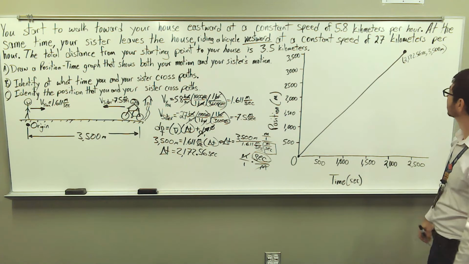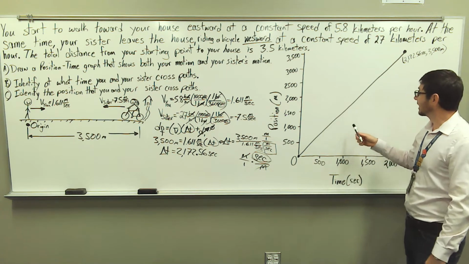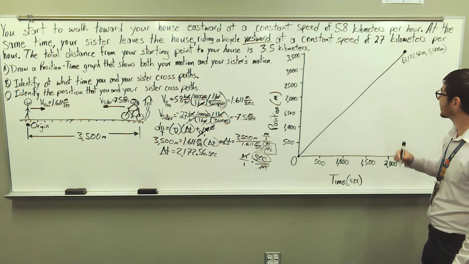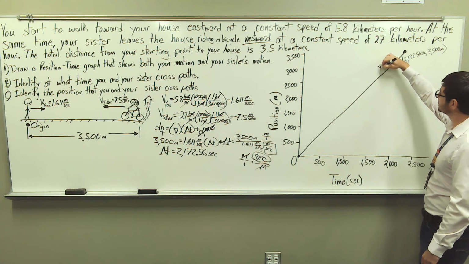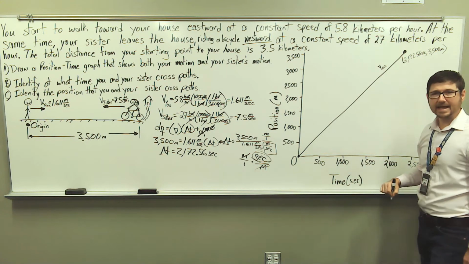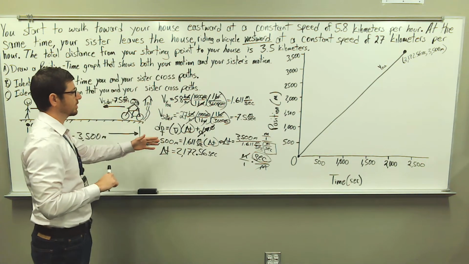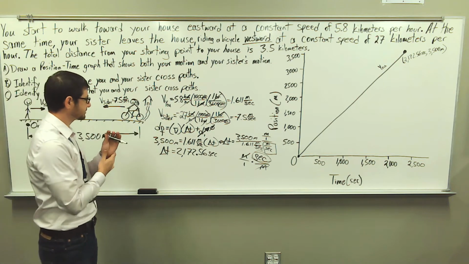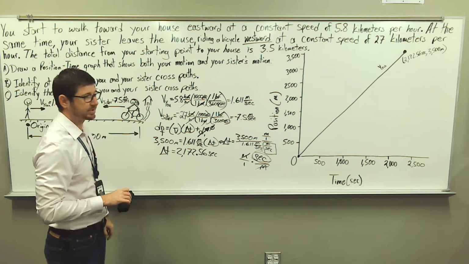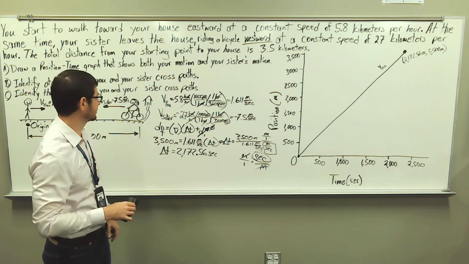All right, so I just connected our two ordered pairs, and I'm going to label this as you. All right, next, we need to calculate how long it takes for your sister to travel the 3,500 meters.